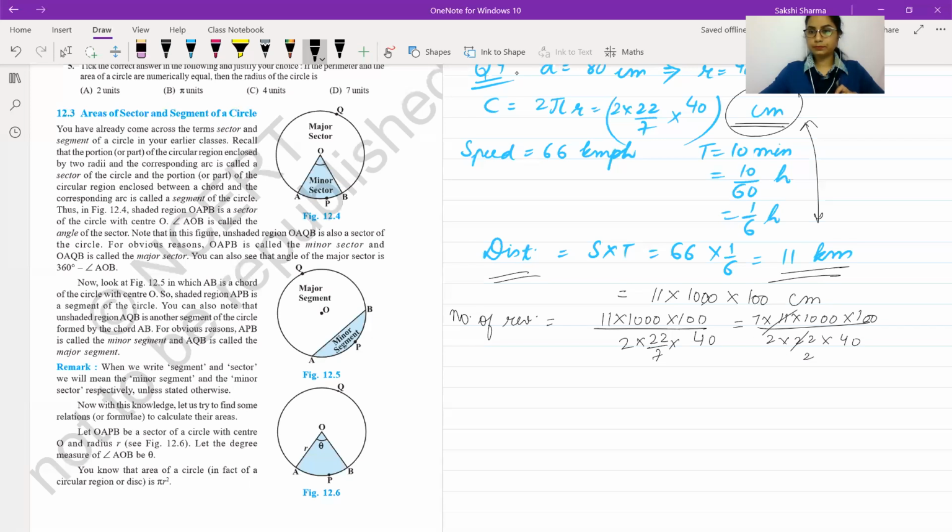Then these will cancel. 25, 0 is cancelled. Then this is 25. Then you have 7 multiplied by 625. What's the answer? 4375. This is the answer.